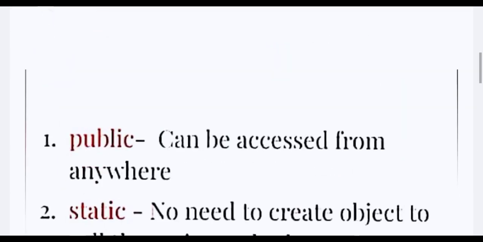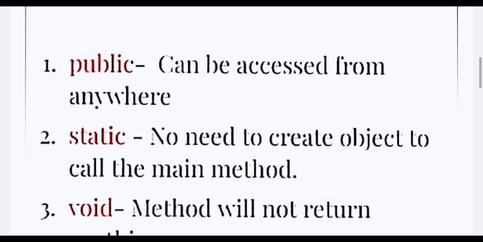Here I want to introduce the first keyword, that is public. As I have said, it can be accessed from anywhere. Static means no need to create an object to call the main method, okay? As we know, Java is an object-oriented programming language.